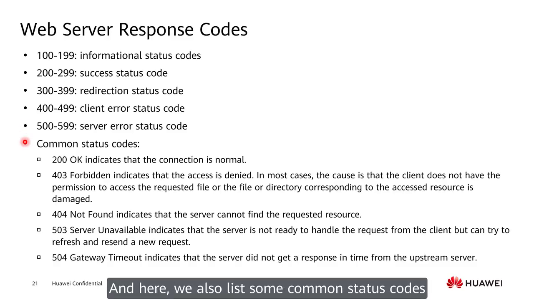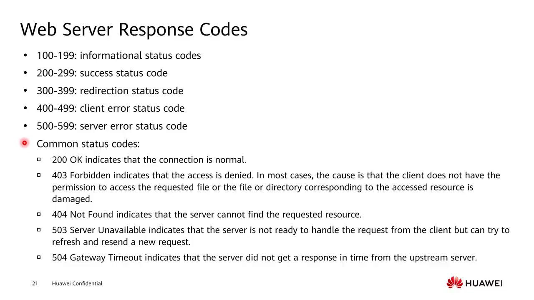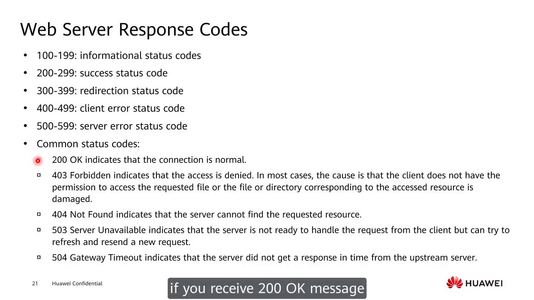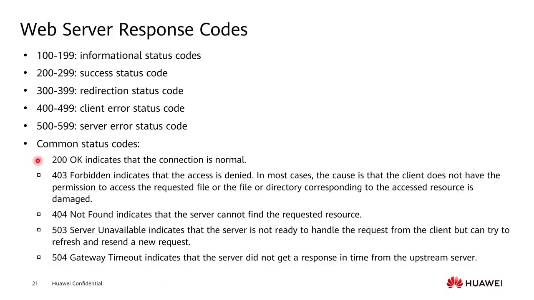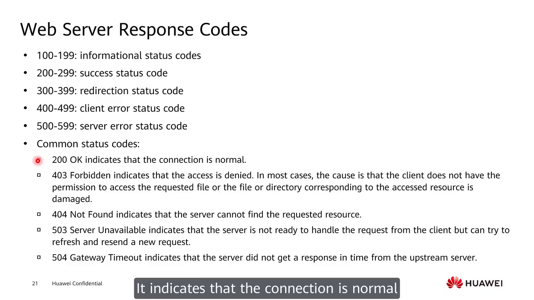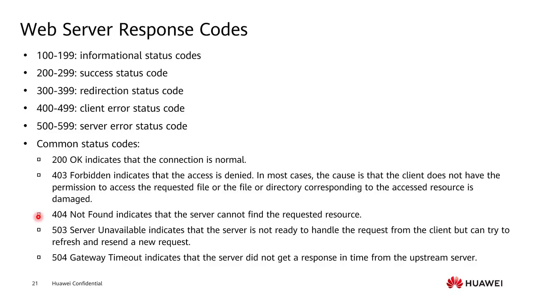And here we also list some common status codes as an example. For example, if you receive a 200 OK message, it indicates that the connection is normal. If you receive a 403 Forbidden message, it indicates that the access is denied. If 404 Not Found, it indicates that the server cannot find the requested resources.